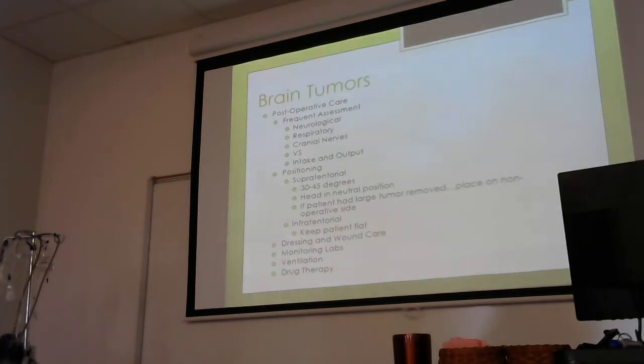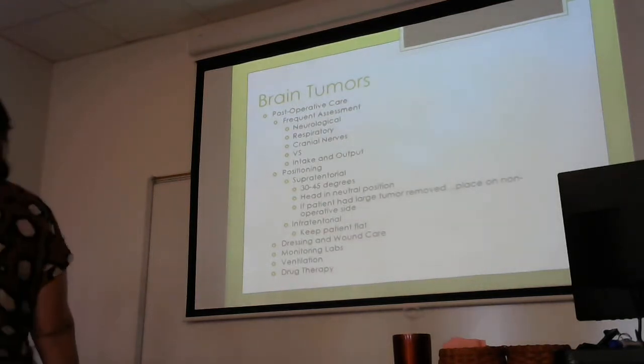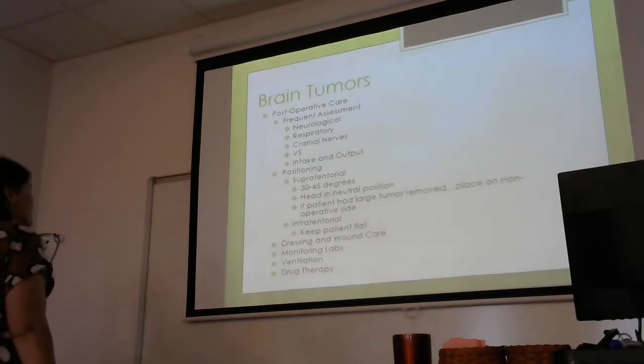If we sat the patient up, then the brain would actually be sitting on that surgical area, and we don't want that to occur. So we lay them flat and we try to put them on their non-operative side, so that the operative side is up and we have the brain not sitting on that operative side. So infratentorials, they're flat. Supratentorials, 30 to 45 degrees.